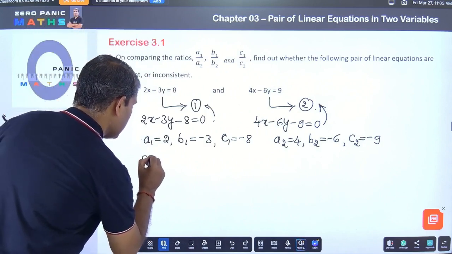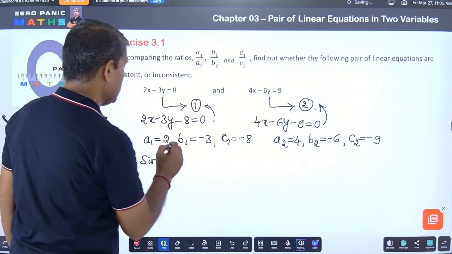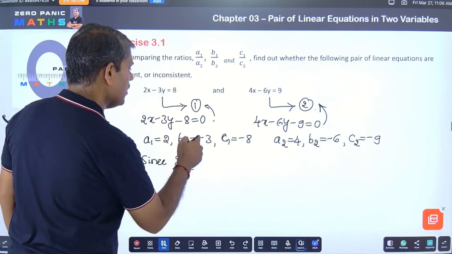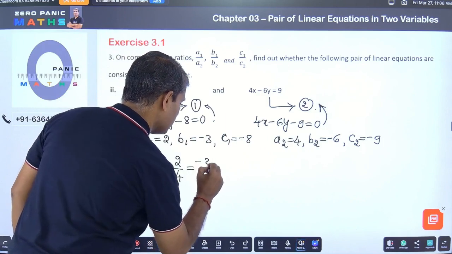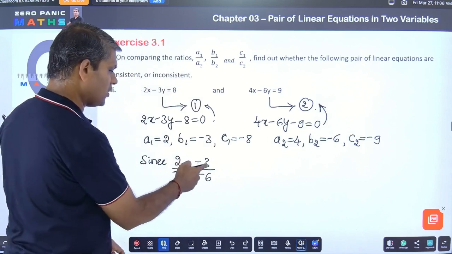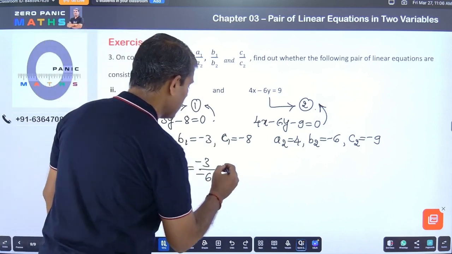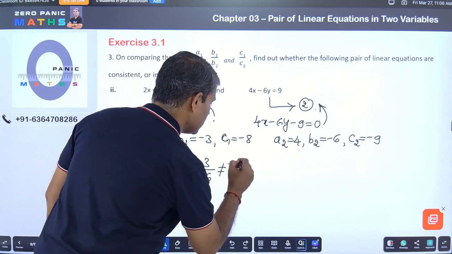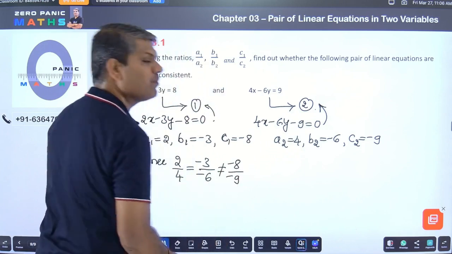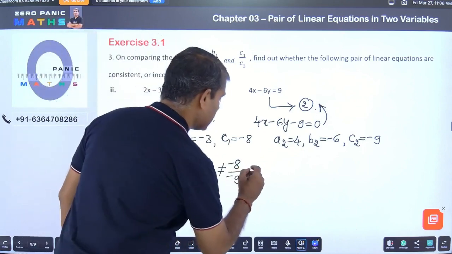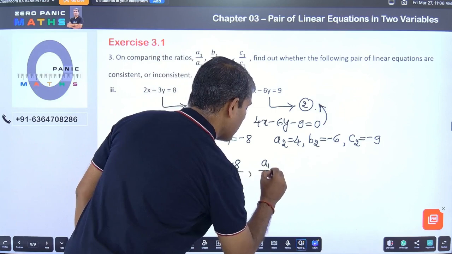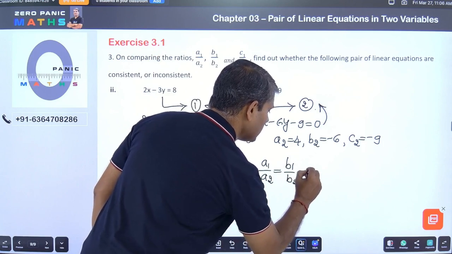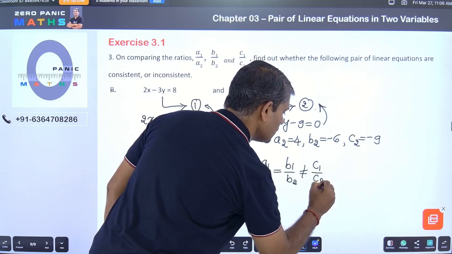Now since 2 by 4 is equal to -3 by -6, which is actually +1 by 2, and this is not equal to -8 by -9, we can say A1 by A2 is equal to B1 by B2, but that is not equal to C1 by C2.